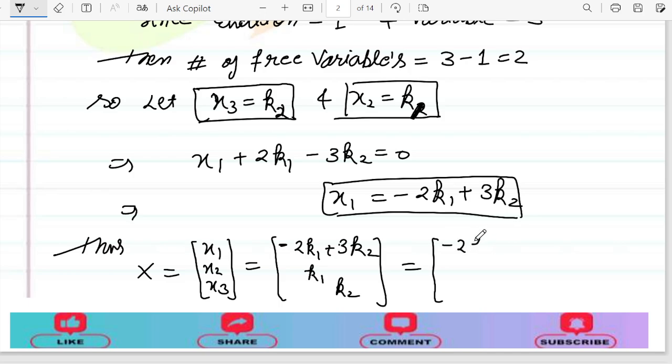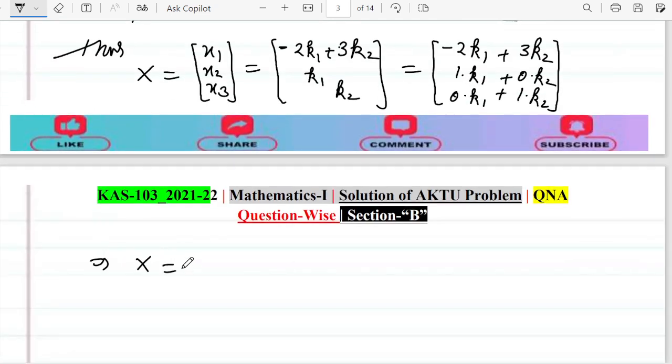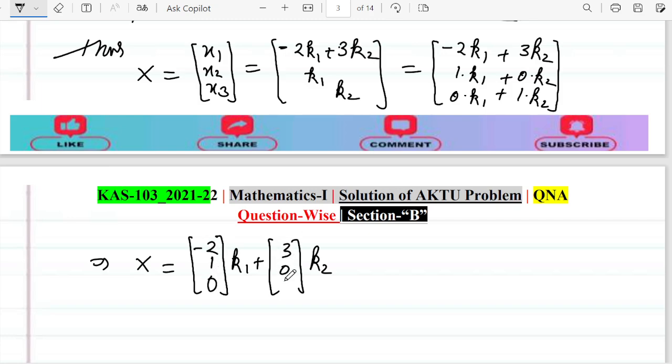That is minus 2 k1, 1 k1 and 0 k1, plus 3 k2, 0 k2 and 1 into k2. Right, it can be taken as x is equal to k1 and next k2. Right, this is minus 2 1 0 and 3 0 1.